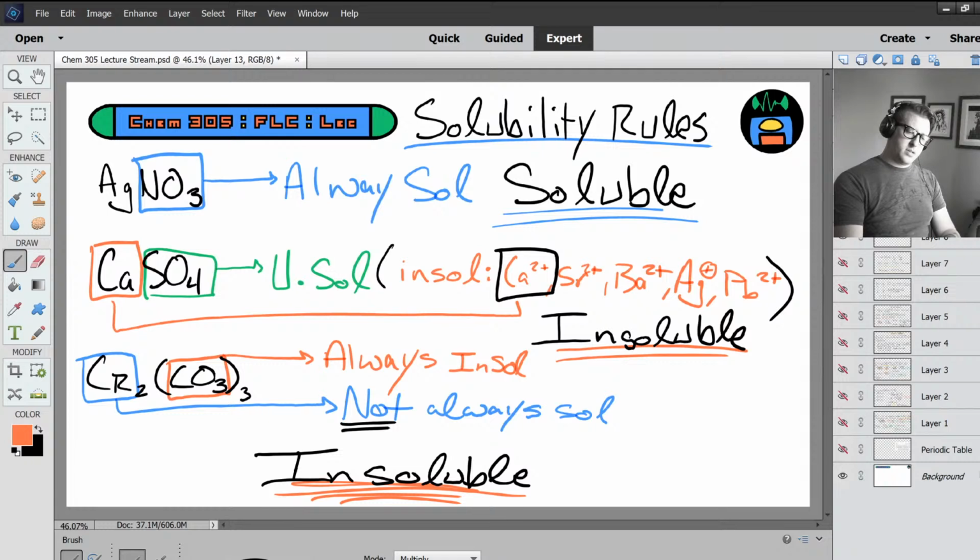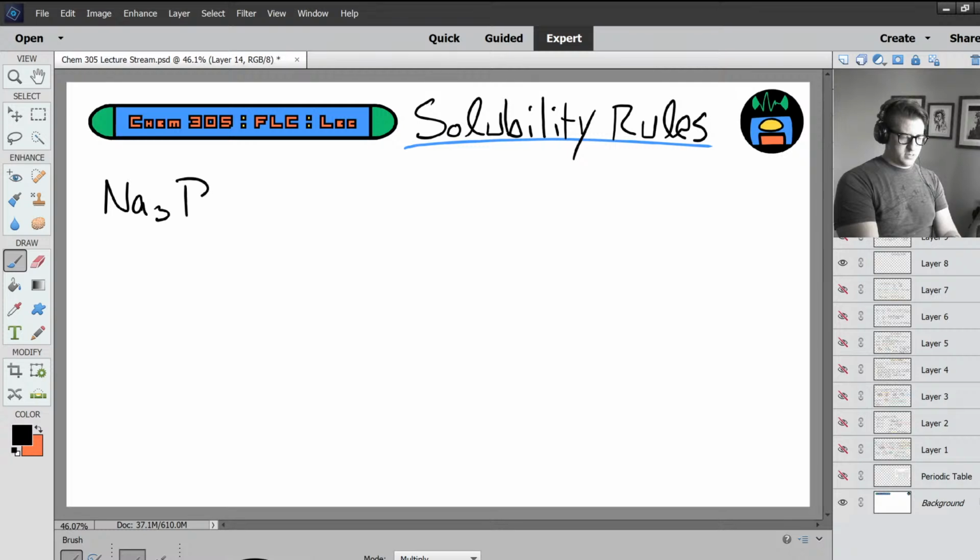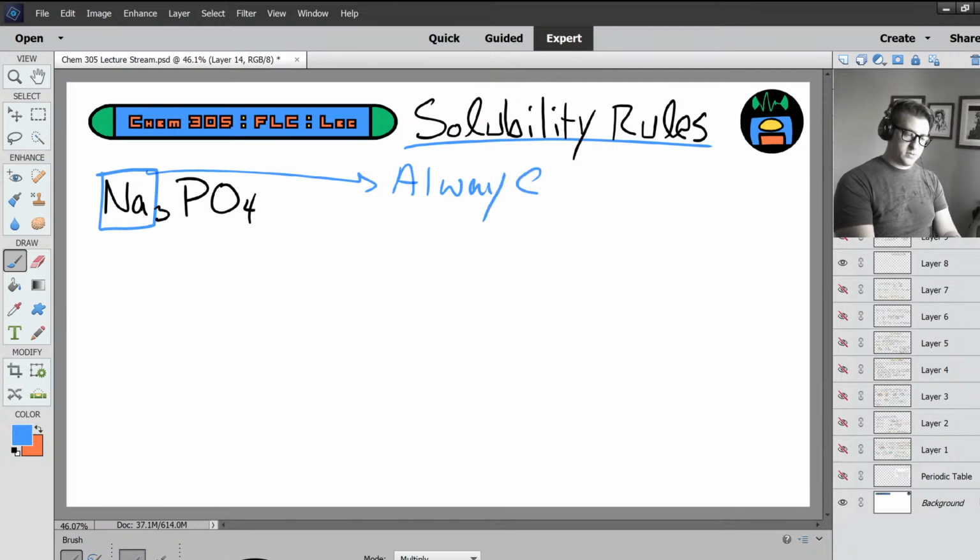Now let's do a couple more examples. We'll do 2 more. So first, let's look at Na3PO4. Sodium is always soluble. So it does not matter what it's paired with.